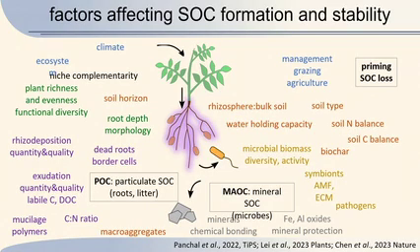Then obviously also the type of minerals that we have in soil are important, and overall this influences how much carbon is fixed and how much is lost. And you might have known about the priming effect, where people try to sequester carbon, but then respiration is actually induced mostly by microbes, and a lot of carbon ends up going to the atmosphere again. So those are some of the factors.